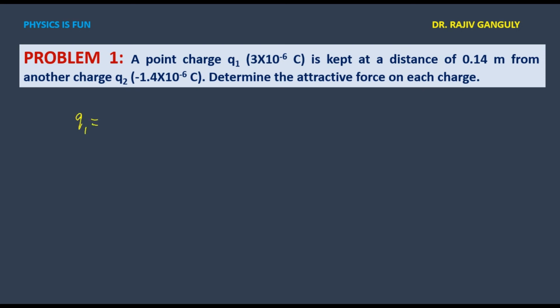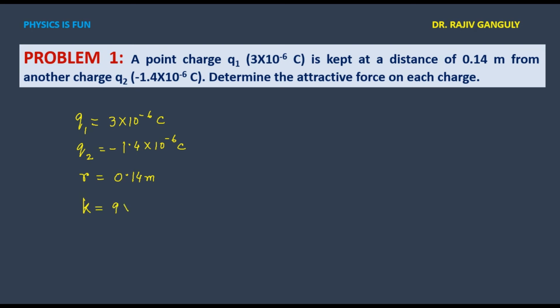So Q1 is given as 3 into 10 to the power minus 6 Coulomb. Q2 is given as minus 1.4 into 10 to the power minus 6 Coulomb. And the distance r is given as 0.14 meter. And we know that for such problems we will be requiring the value of k. So we note down the value of k as we always do.